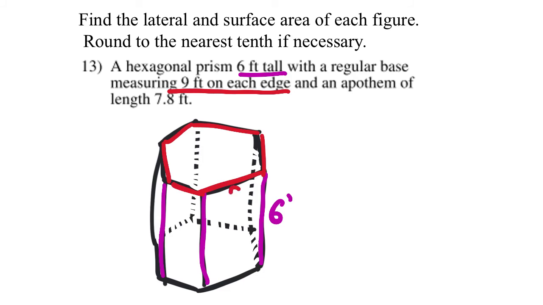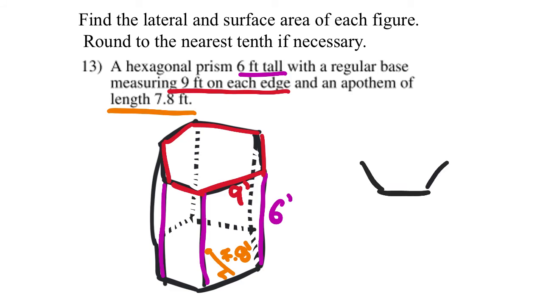So this is a 9-foot edge right there. And then we have an apothem at 7.8 feet. So that, again, goes from the center to the edge at 90 degrees. Well, that length is 7.8 feet along there. So having drawn this, hopefully this will help us to figure out the rest of it.